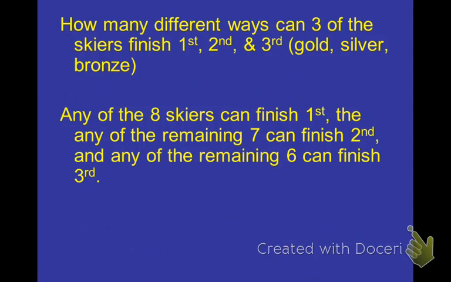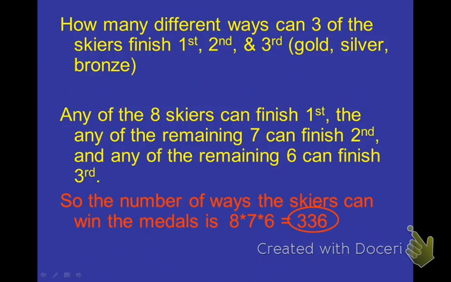Then any of the remaining 7 can finish second. Any of the remaining 6 can finish third. So really I've only got 3 spots here, which is 8, 7, and 6. So 3 spots, 8 people can finish first, 7 second, 6 third, which leaves me with 336. Okay?